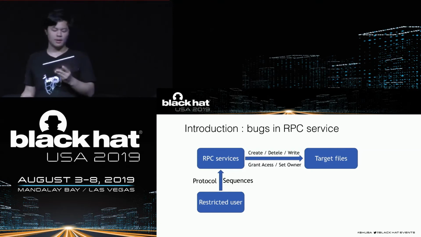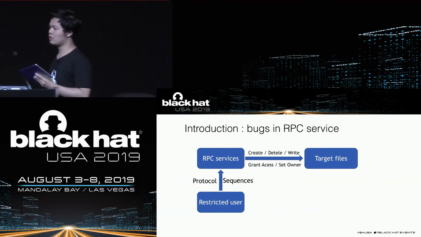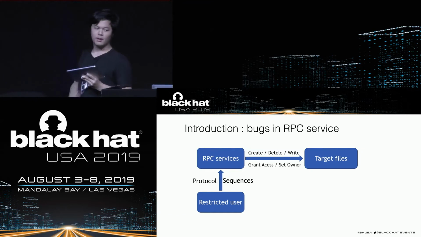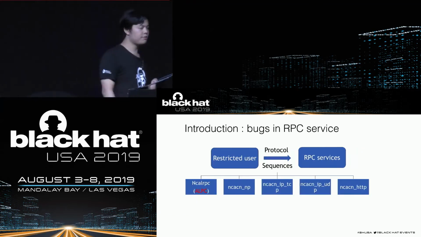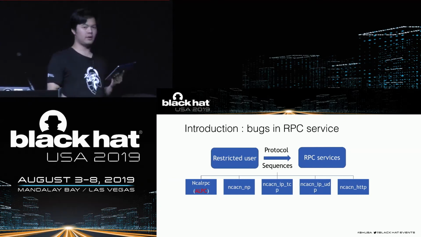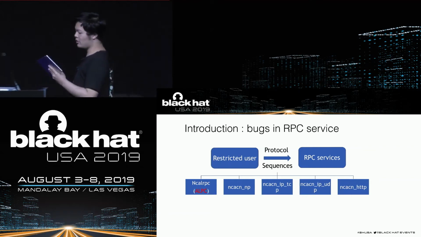So let's say a restricted user needs to use protocol sequences to communicate with that RPC service. There are actually 5 kinds of protocol sequences for it to use. Actually, the most important one is the ALPC, which is NCALRPC.